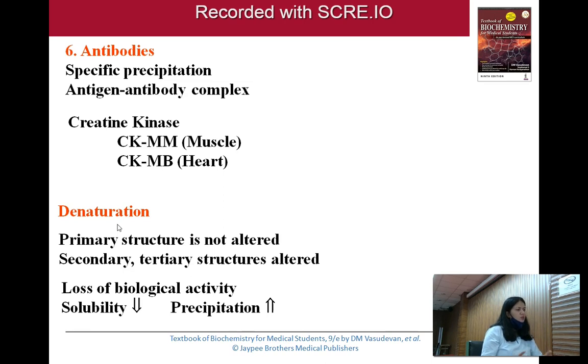Because in hemoglobin molecule you have got a heme group, and in the center of the heme there is an iron which connects the different porphyrin groups. So if all the structures are lost except the primary structure, the function of the hemoglobin will be lost.